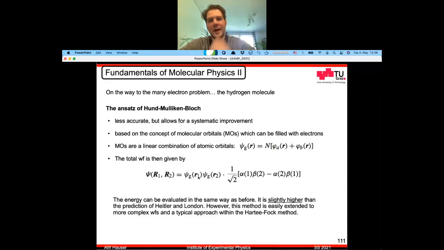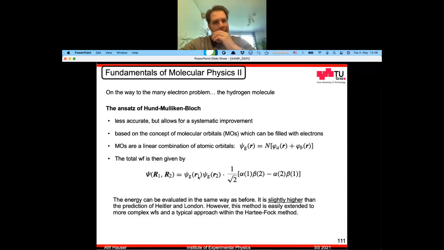In the case of the hydrogen molecule, the two approaches, Heitler-London and Hund, Mulliken and Bloch, are very, very similar to each other, because the separate system having an atom on the left and on the right-hand side, each of them, if you look at the solutions, are the atomic orbitals, right? So in this case, the two methods are very closely related to each other, and I'll show you on one of the next slides that they can be translated basically into each other.